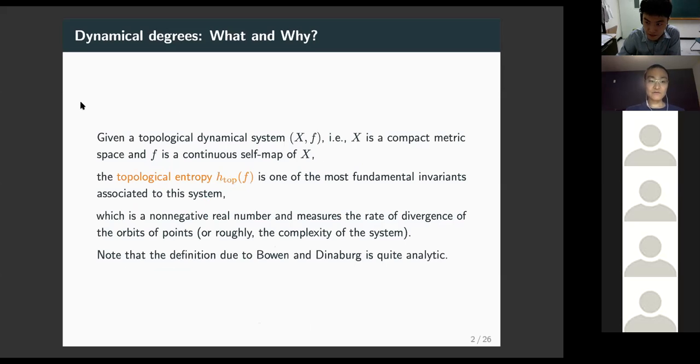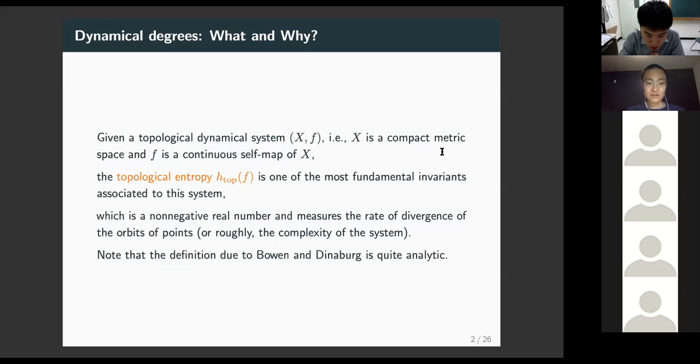Okay, so first of all, what are dynamical degrees? Suppose we are given an arbitrary topological dynamical system. In other words, X is a compact metric space, and f is a continuous self-map.